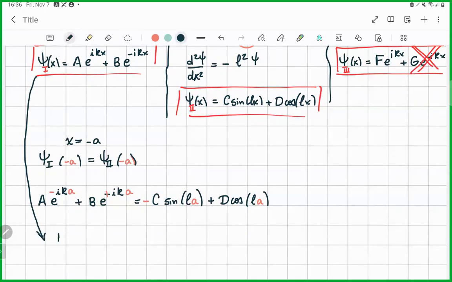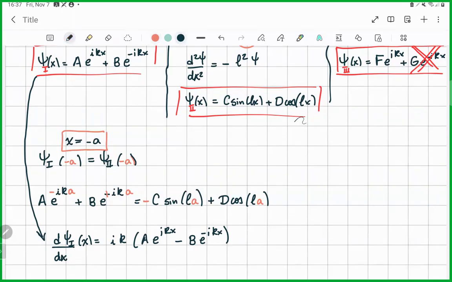So the derivative of that is ik and then minus ik. First you do that, and then you substitute the value of that variable at minus A.